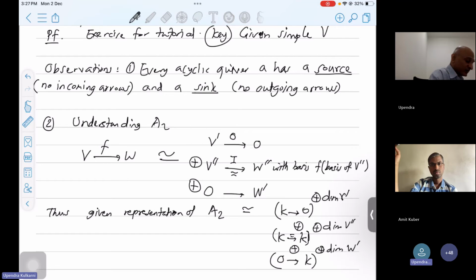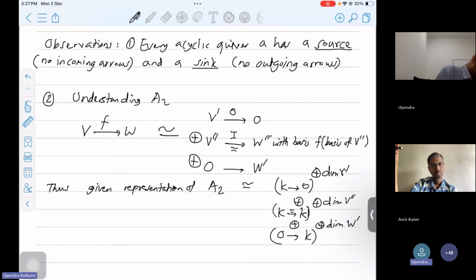Okay, very good. How to see this k to k is not simple? I never said anything like that. I am simply saying this is a way I have written it as a direct sum of 3 different types of models. Now let us address the question that you're asking. So there are 3 different kinds of representations that I got, right?